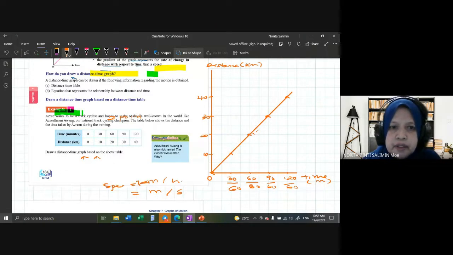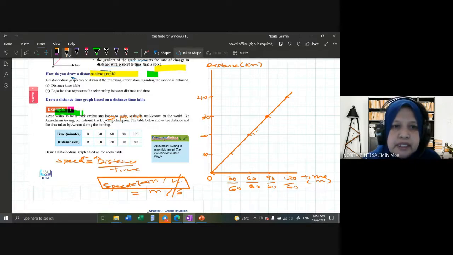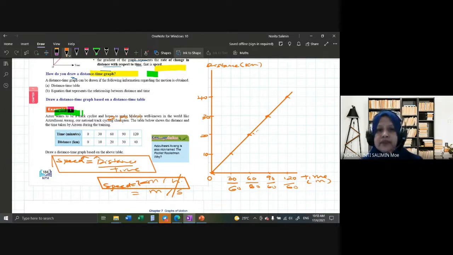From this unit, kilometer per hour, we can derive a formula. Kilometer is for distance and hour is for time. So speed is distance over time. Kilometer per hour. Okay, can you understand?